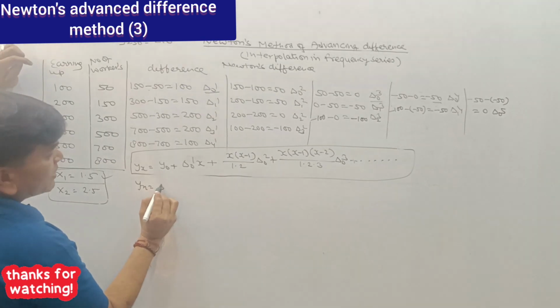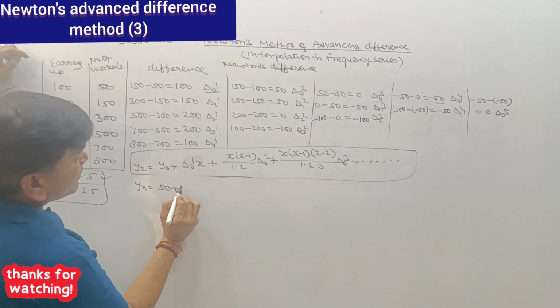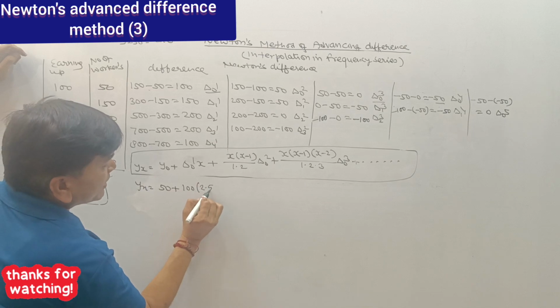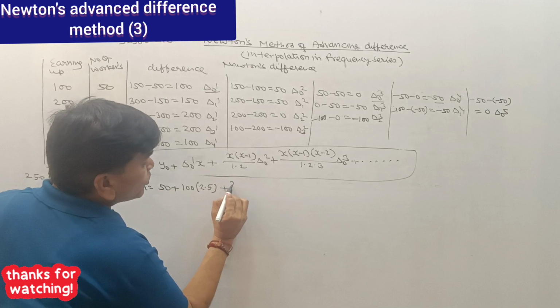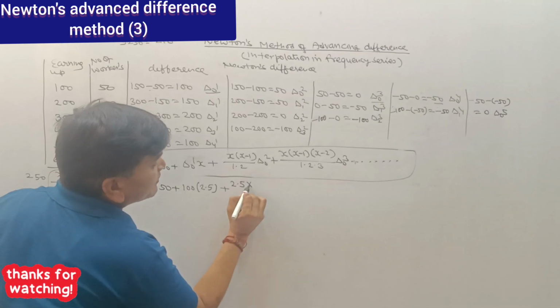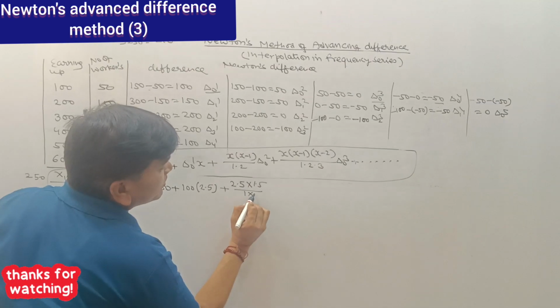y0 is the same plus delta 0, 100 multiplied by 2.5 here, because the second is 2.5. Then 2.5 minus 1, that is 1.5, multiply 1 and 2.